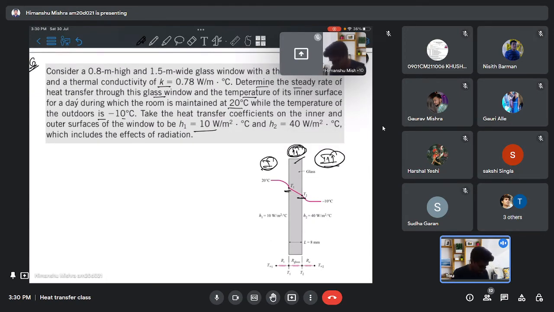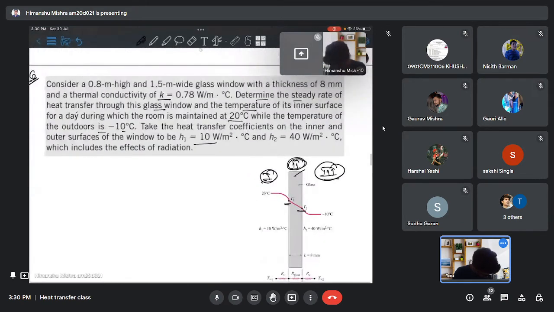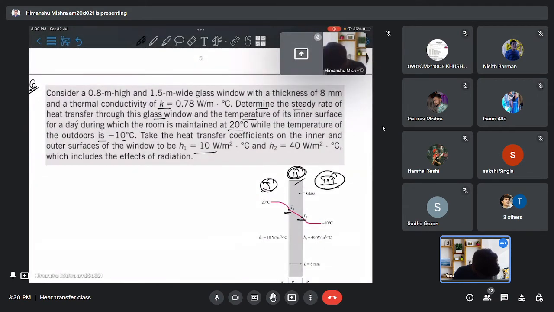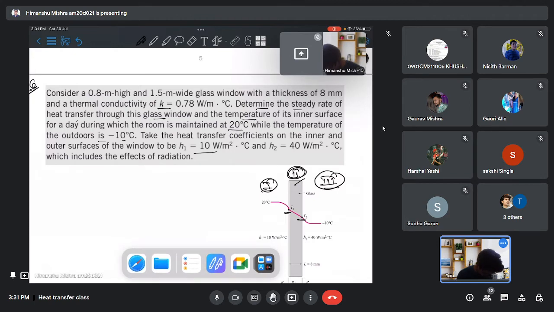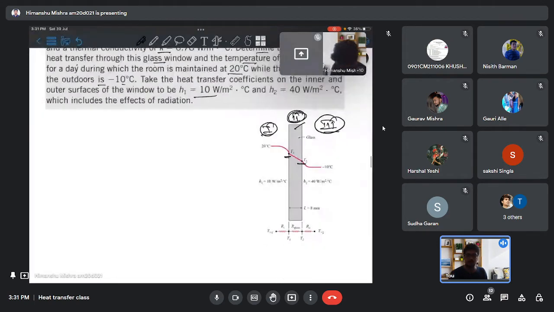We know that the resistance can be defined as inversely proportional to the conductance or the heat transfer coefficient.